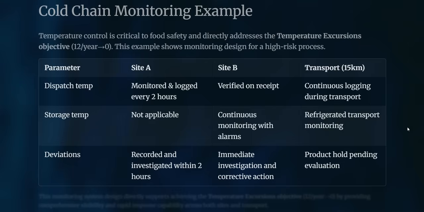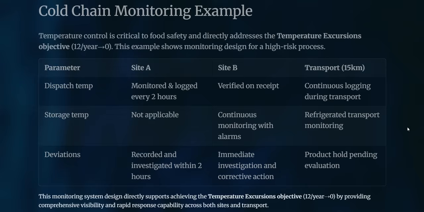The third parameter is temperature deviation. In Site A, it is required to be recorded and investigated within 2 hours in case of deviation. And in Site B, in case of deviation, it requires immediate investigation and corrective action. And during the transport of 15 kilometers between the two sites, the temperature deviation requires product hold pending evaluation and decision.